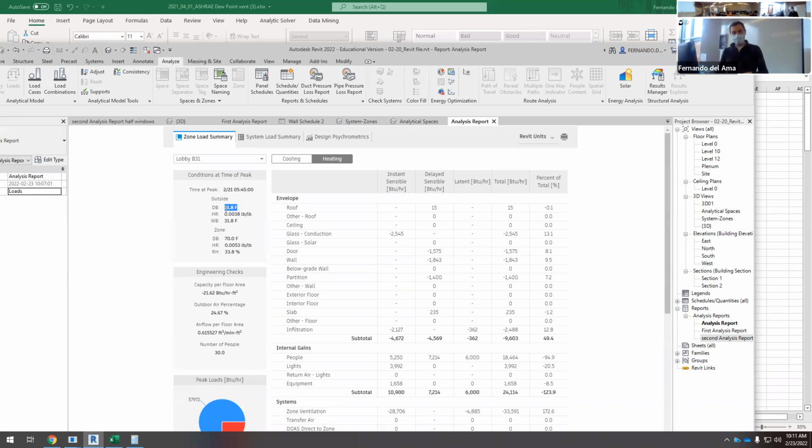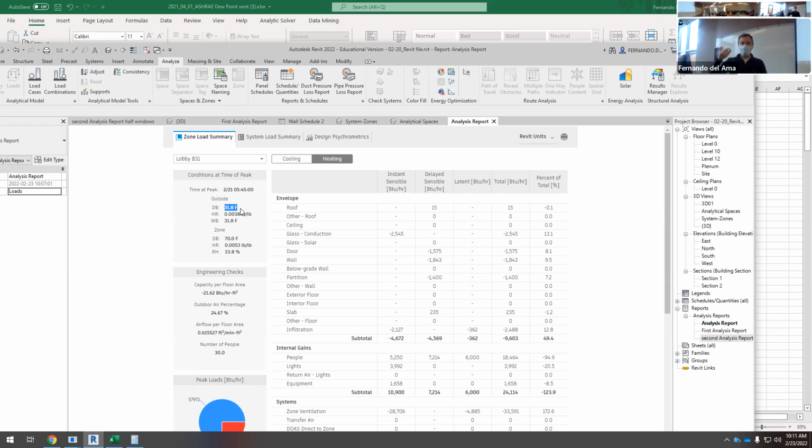We had a negative 5.6 Fahrenheit. Now it's not that way anymore. The outer conditions are 31.8 Fahrenheit. Why? Because probably it was a sunny day that is very cold, and that happens.